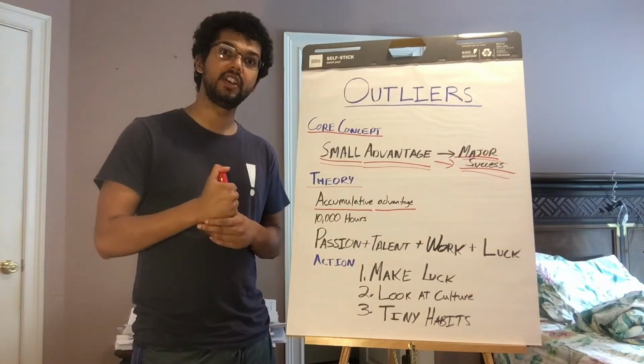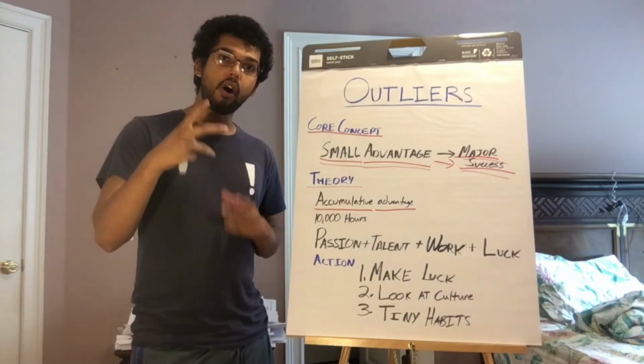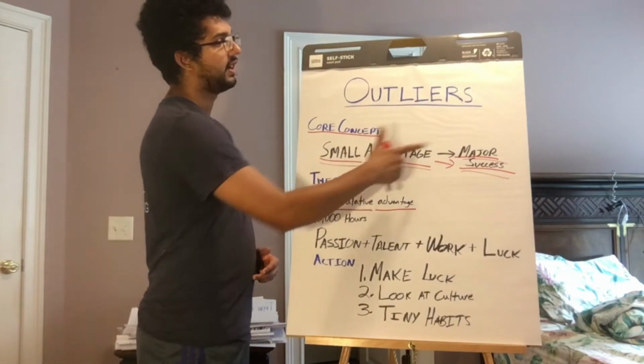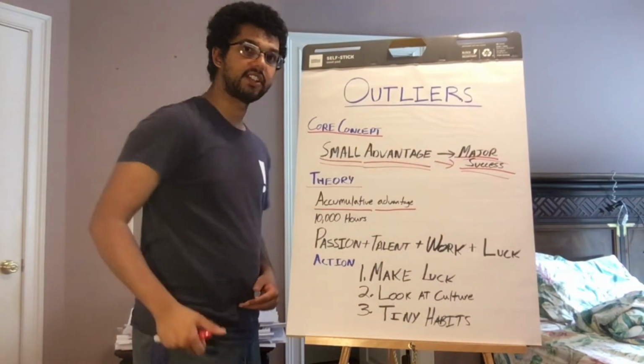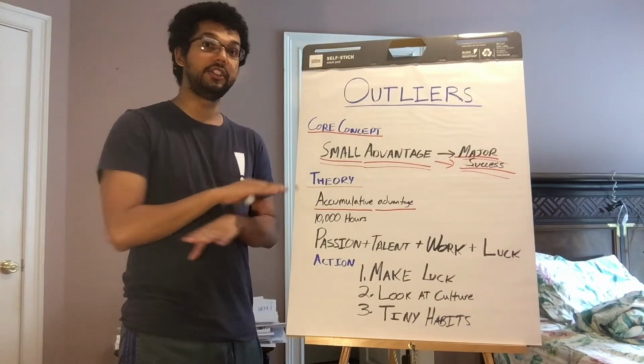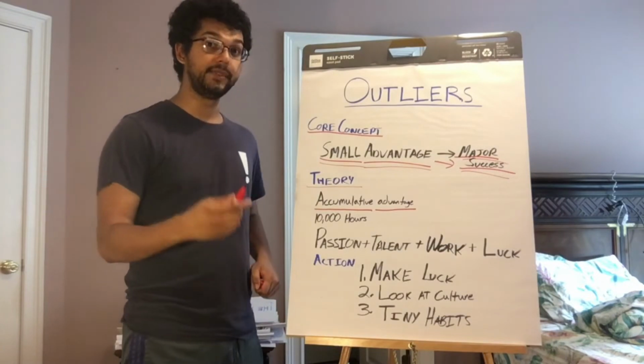It got the coaches more interested in the better players. So all of that just accumulates over time. Small advantages equal major success, and these advantages are utterly arbitrary. It's luck, basically. But these advantages accumulate.